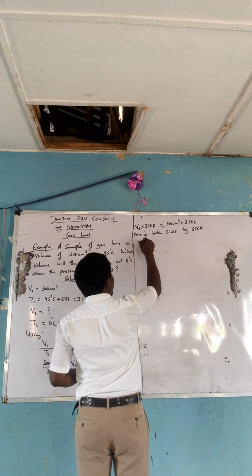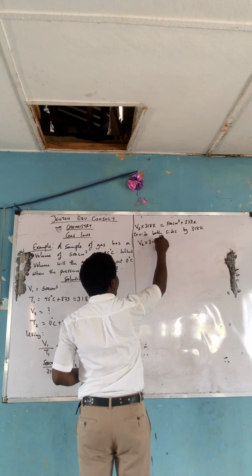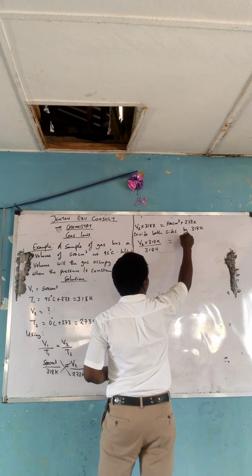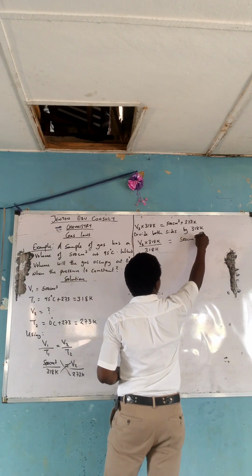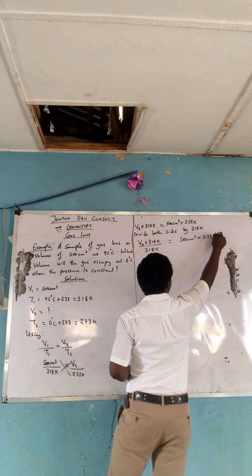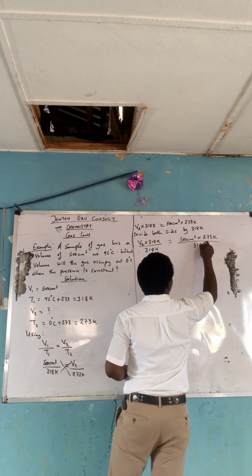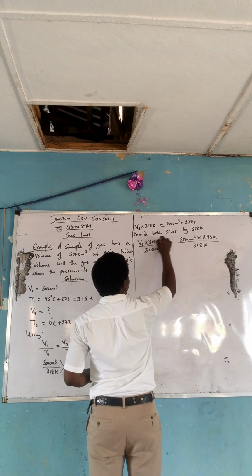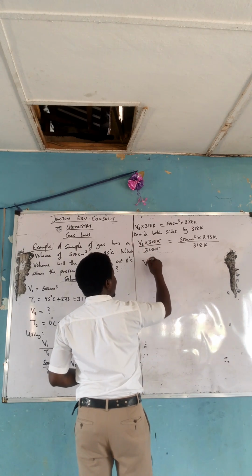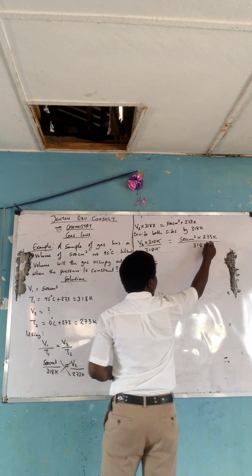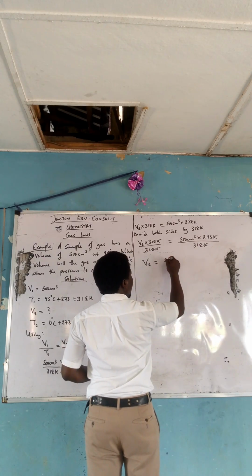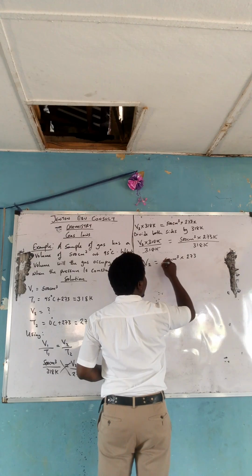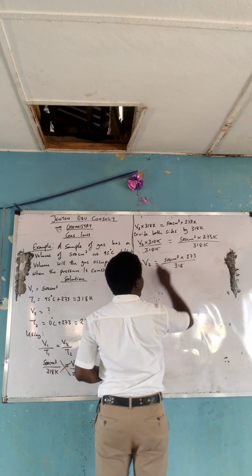We are going to have V2 times 318 Kelvin over 318 Kelvin, which is equal to 500 centimeter cube multiplied by 273 Kelvin, all divided by 318 Kelvin. So 318 Kelvin cancels 318 Kelvin. It means V2 will be equal to 500 centimeter cube multiplied by 273 all over 318.